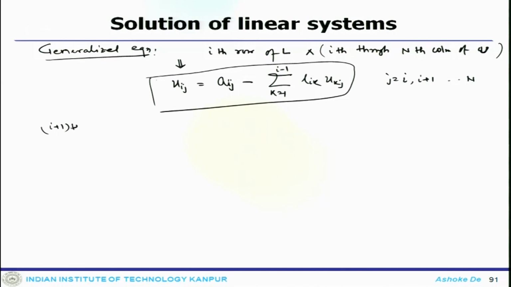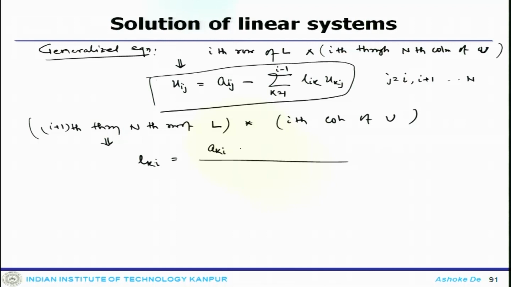The i plus 1th through nth rows of L getting multiplied by the ith column of U give Lki equals Aki minus the summation over j equals 1 to i minus 1 of Lkj uji, divided by uii, where k goes from i plus 1, i plus 2 and so on to n.